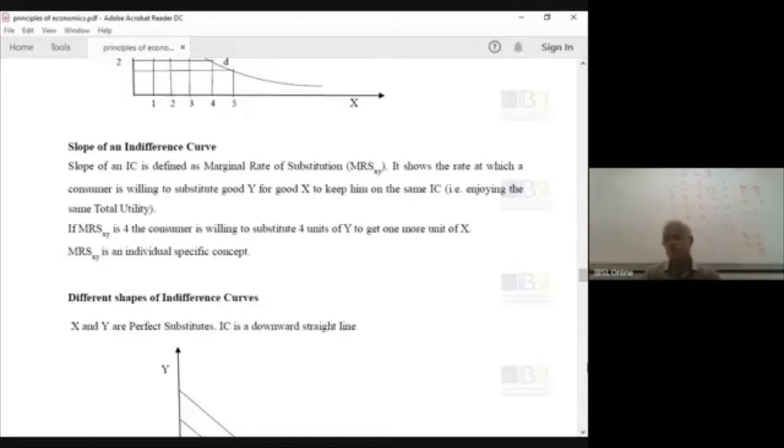Perfect substitutes. Now, for example, a colorblind consumer. Let's say a person is colorblind. Who is a colorblind consumer? He cannot differentiate colors. Red, blue, green. It's a genetic problem.